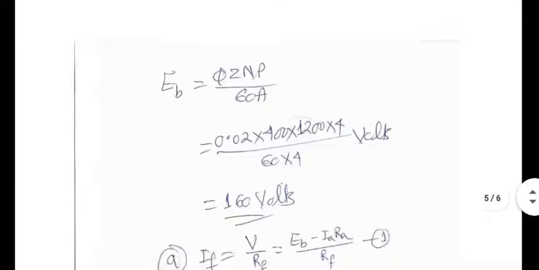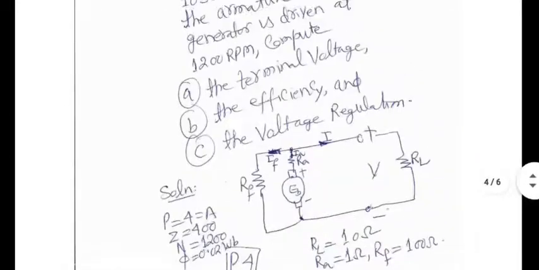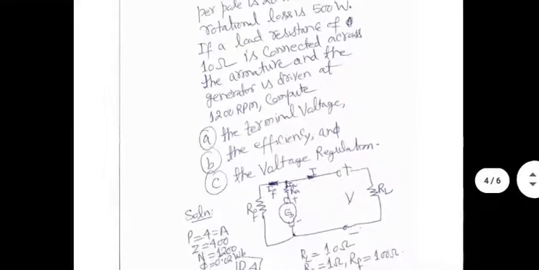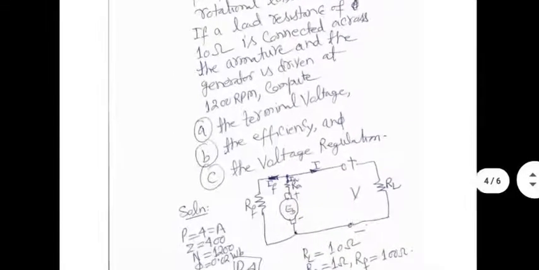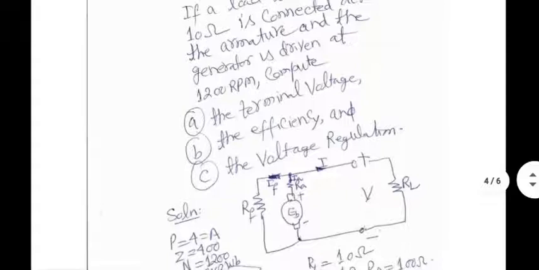Z is 400, N is 1200 RPM, P is 4, A is also 4. Plug in all the values, you get EB equal to 160 volts. That's step number 1. Now look at field current. It's a shunt connected generator, so field current will be V divided by RF.